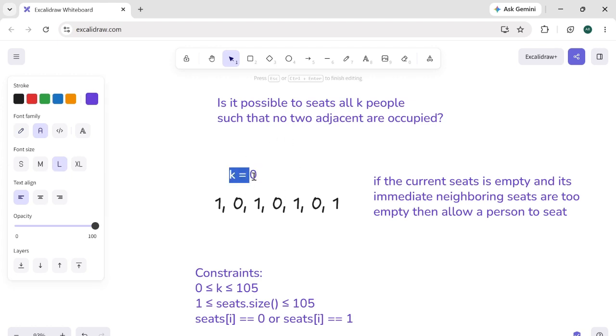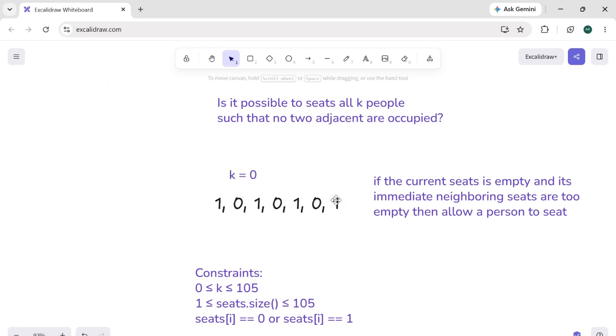Now no people are left, and you can see that the entire array is okay, meaning we have made such an arrangement that no two adjacent places are occupied. So the answer to this question is true.